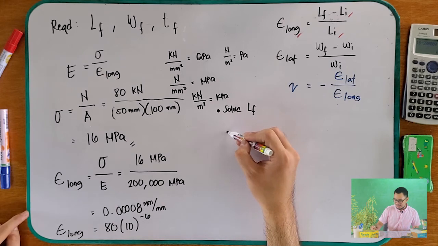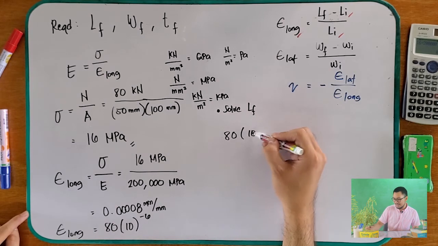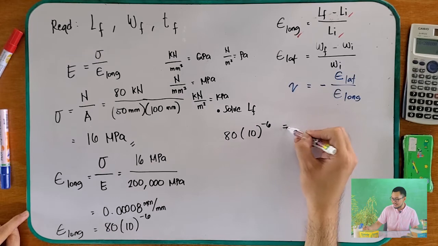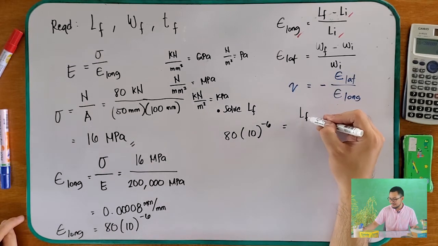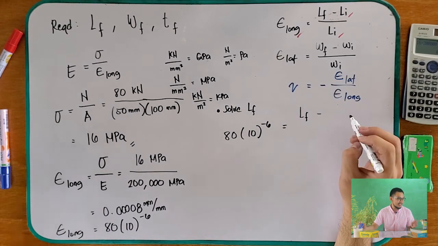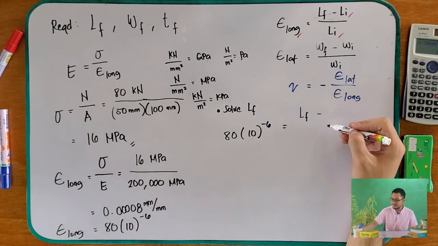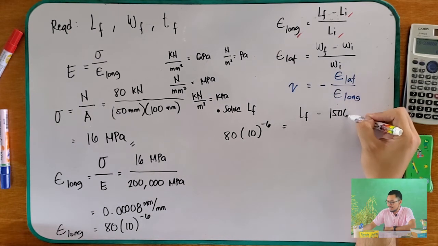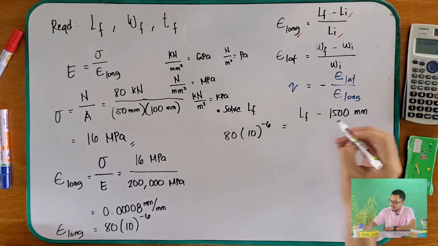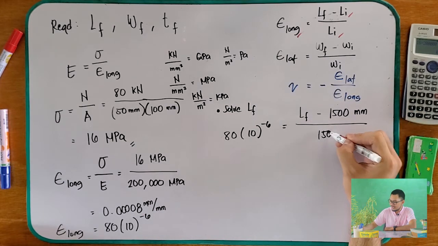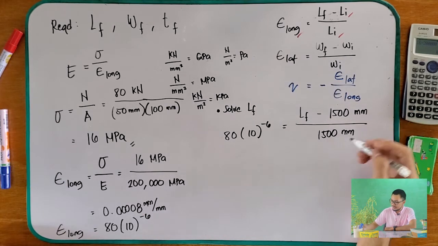80 times 10 to the power of negative 6 is equal to LF minus your initial length, your initial length is 1,500 millimeters, divided by 1,500 millimeters.